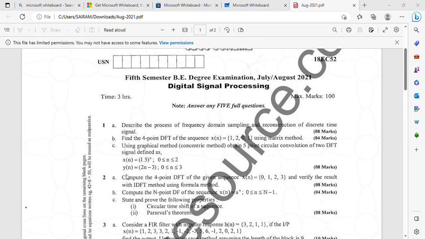Let me take shift again. If you take 10 over here, it will provide 10 only. But if you take minus 2 here, it will provide 2. For 10 it provided 10, but for minus 2 it provided 2.